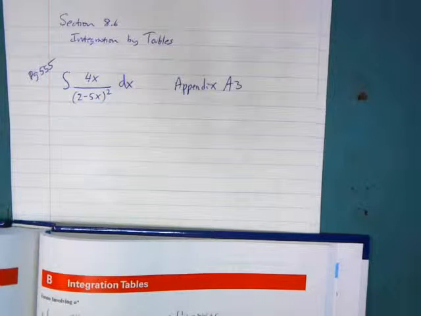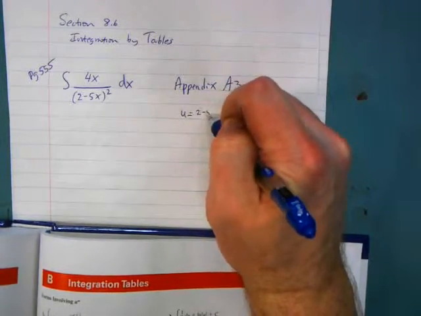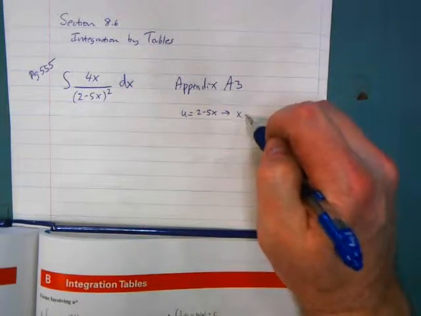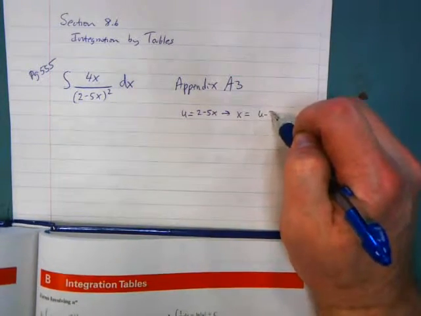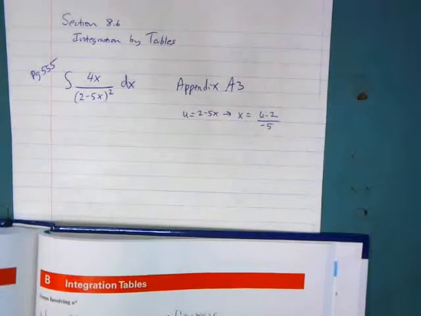The other way I can think of is to let u equal 2 minus 5x. And then that x on top, you would say x is u minus 2 over negative 5. That's the double substitution technique from Calc 1, and I think it would work also. But that's not what we're going to do.